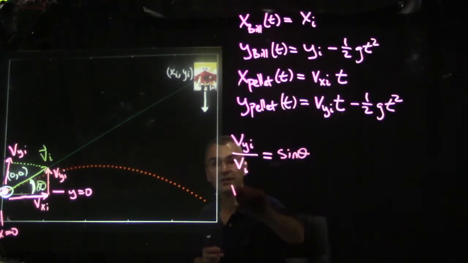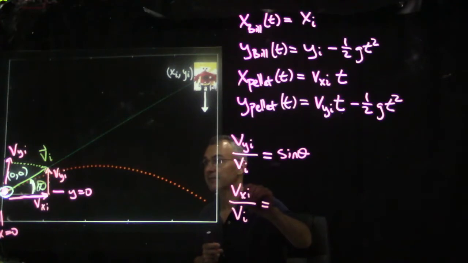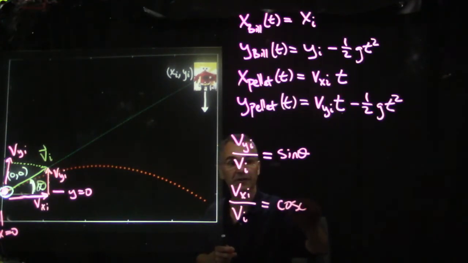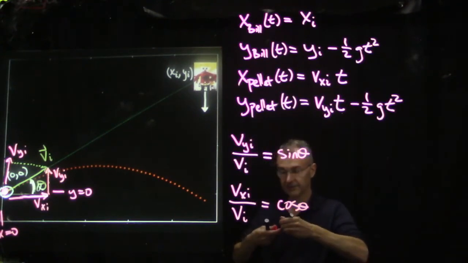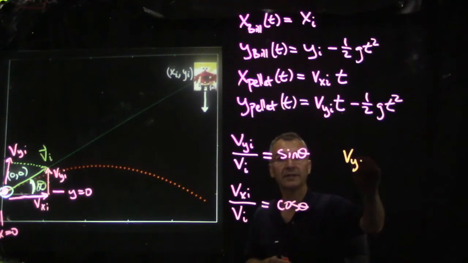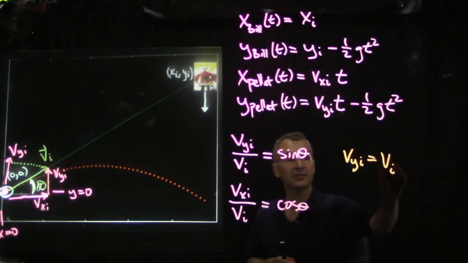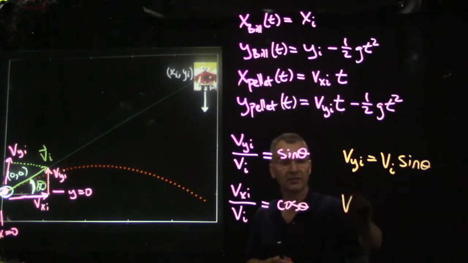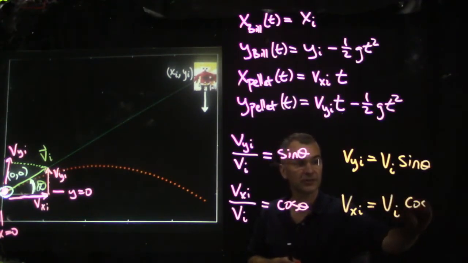And Vx initial divided by V initial is adjacent over hypotenuse, so that is cosine of theta. So then we can write that Vy initial is V initial, this is just initial speed, sine theta, and Vx initial is V initial cosine theta.